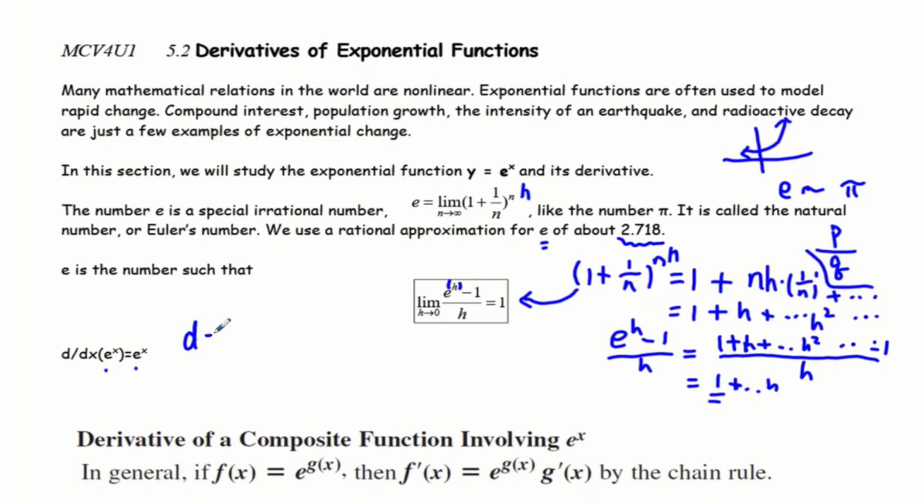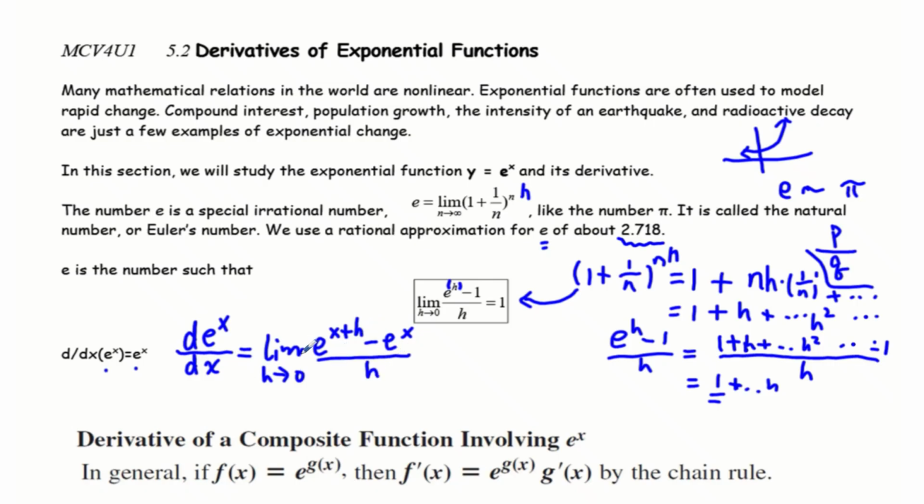It's just for fun. If you don't want to see the proof, you can fast forward the video and just do the example below, okay? So this one, d over dx of e to the x, is the limit when h approaches 0 of e to the x plus h minus e to the x, over h.